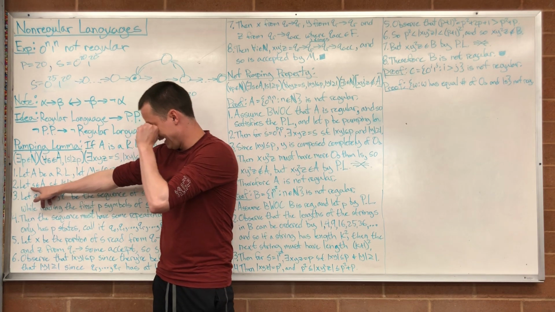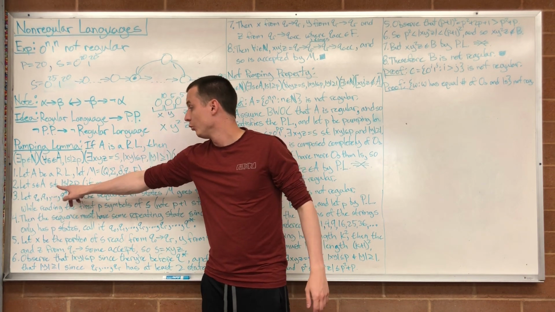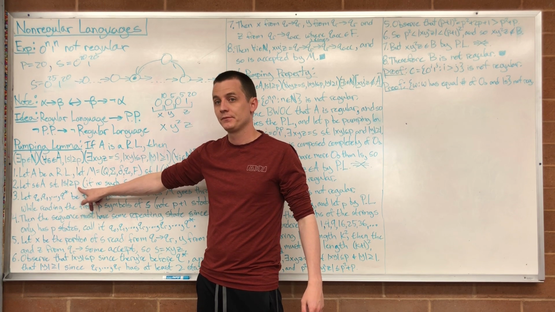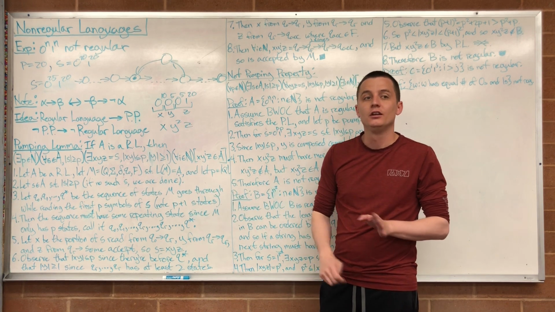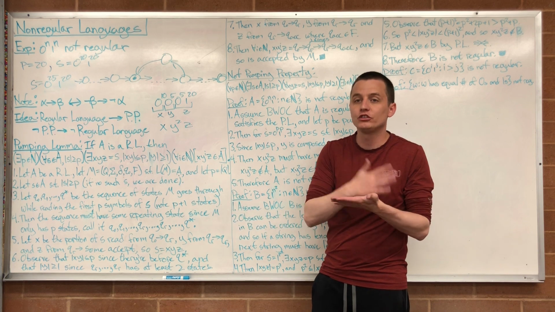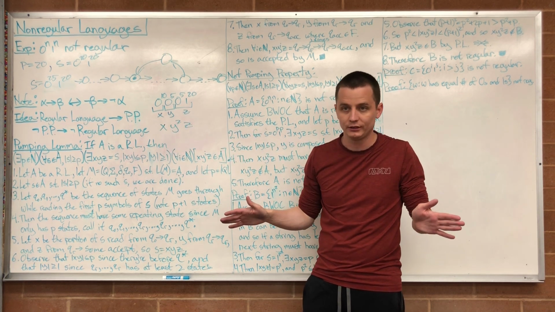Let S be any string in A where the length of S is greater than or equal to P. Now, if your language does not have any such strings, then we're done. It's vacuously true that every string longer than that length can be pumped up, because there are no strings longer than that length.